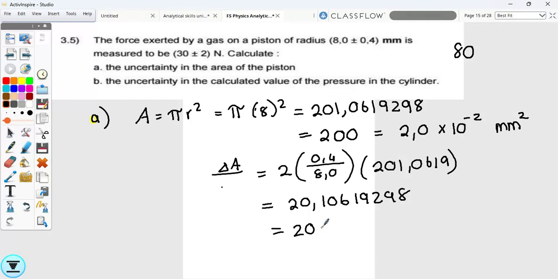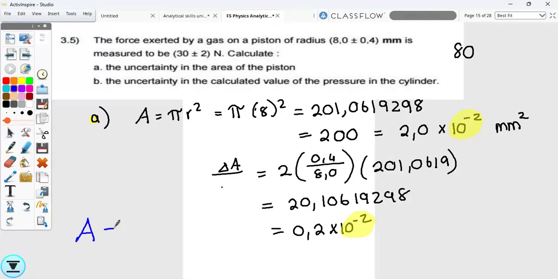And that is why I have to write it as raw, and we have to get the powers of 10 the same. So we're going to also call this 0.2 times 10 to the minus 2. Make sure that your power of 10 for your uncertainty and your power of 10 for your calculated value is the same. And normally you'll see that will give you a neat answer.